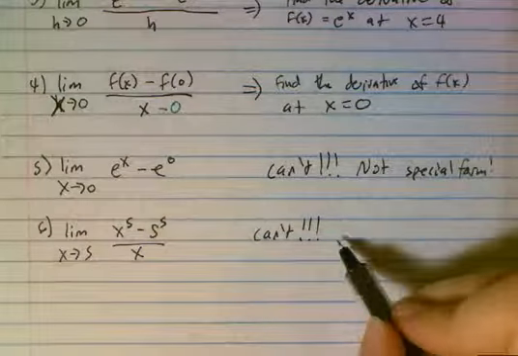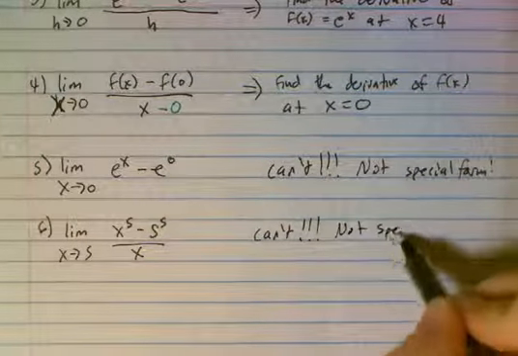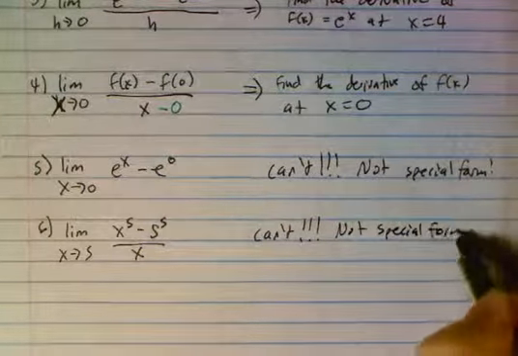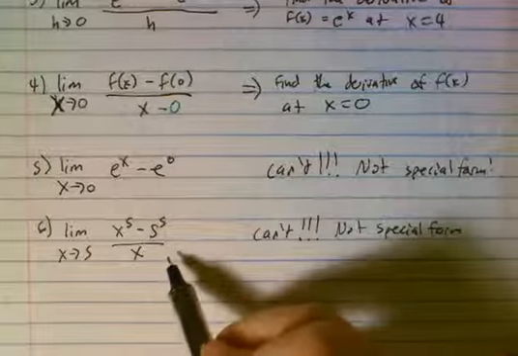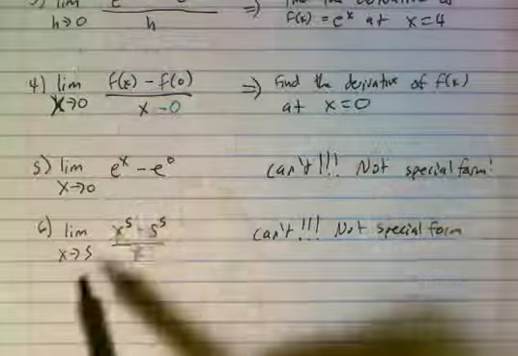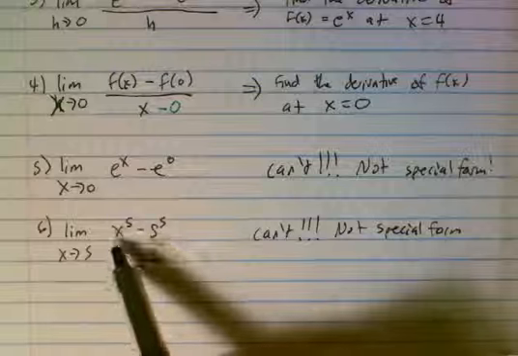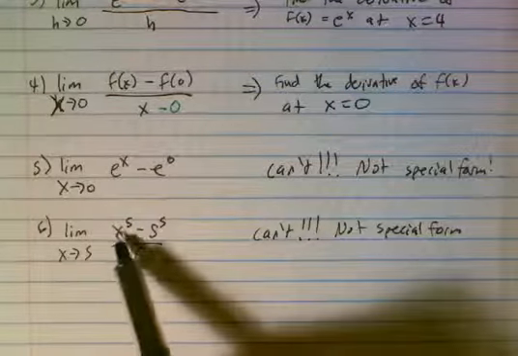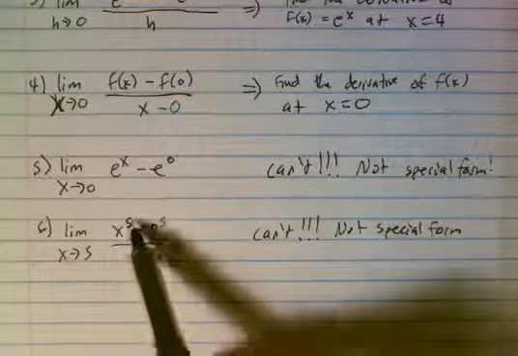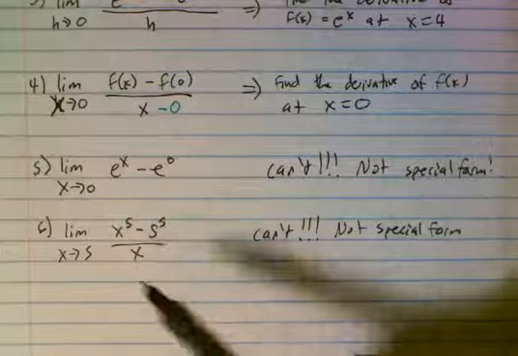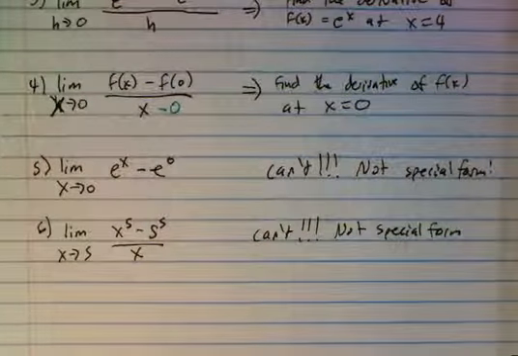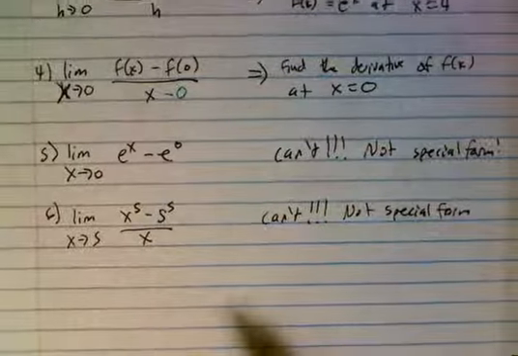We don't have that special form. If this was x minus 5, it'd be fine. If it was h to the 0 and there was a number plus h in here, like 5 plus h to the 5th minus 5 to the 5th, then we could do it, but not with this form as written.